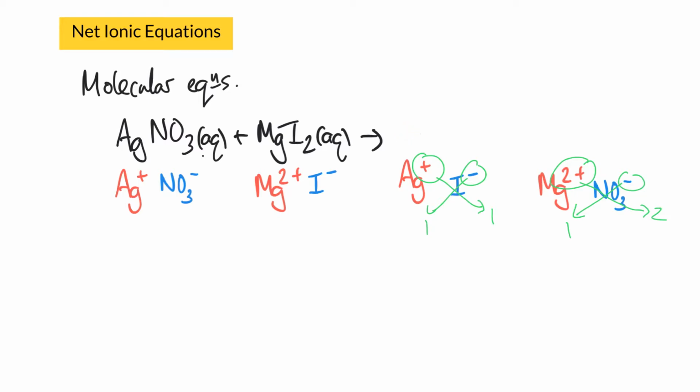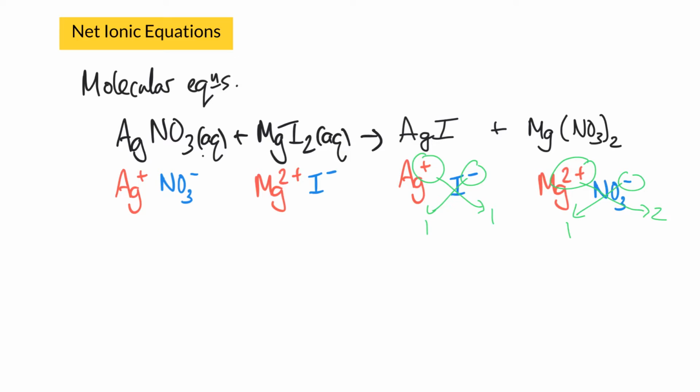So let's write AgI. And on the other side, we've got Mg, and then there's 2 NO3s. And whenever we've got more than one polyatomic ion, remember, we put it in parentheses and put the number down to the side, so that it doesn't look like 32 oxygens, let's say.